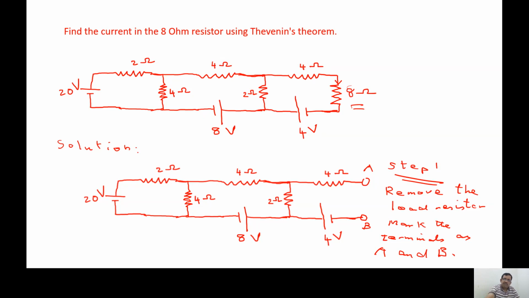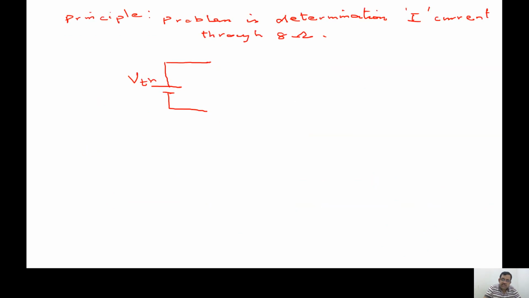Let us assume that I have found the equivalent resistance for the rest of the components, what is known as Thevenin's equivalent resistance. Because it is a voltage source, I have to connect the rest of the things in series, what is known as RTH.